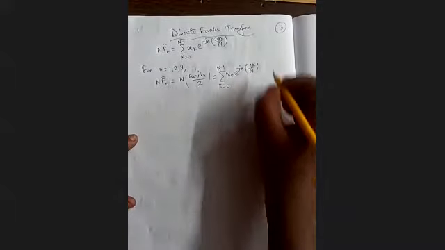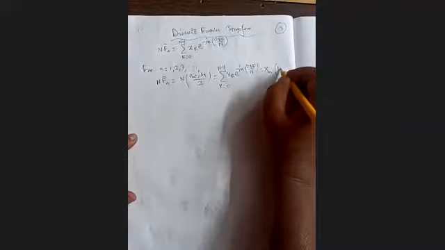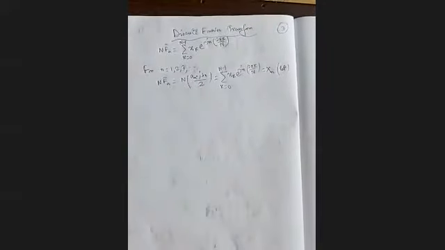This thing we write as capital Xn. Let us assume that N into Fn bar equal to Xn.